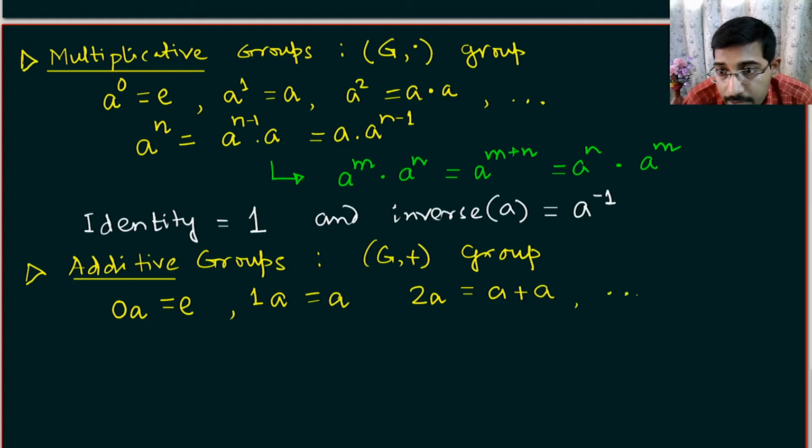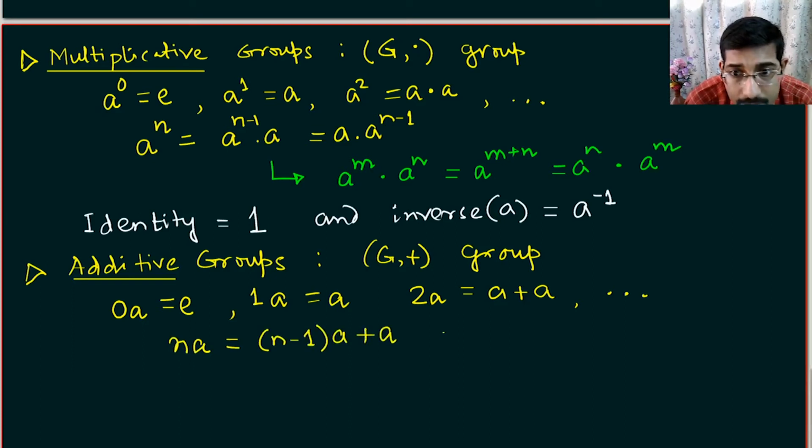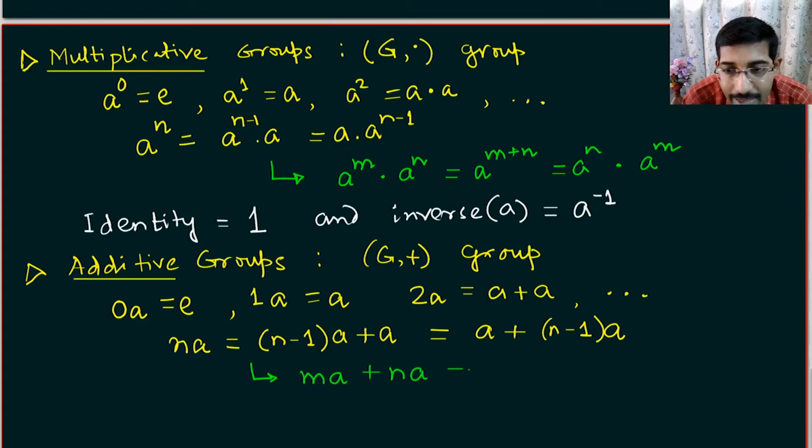Therefore my nA is basically n minus 1 A plus A, which is A plus n minus 1 A. So this again points to the fact that I can write mA plus nA is equal to m plus n into A, which is basically nA plus mA.